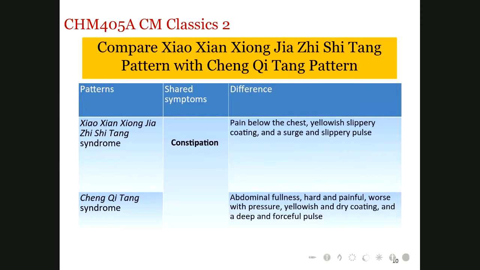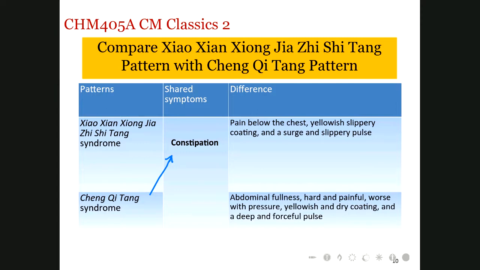And comparing the 小线胸子时汤 pattern with the 承气汤 pattern, they all possibly have constipation. But for the 承气汤 pattern, constipation is the major condition without other flame involved. They may still have qi obstruction, but they don't have flame.